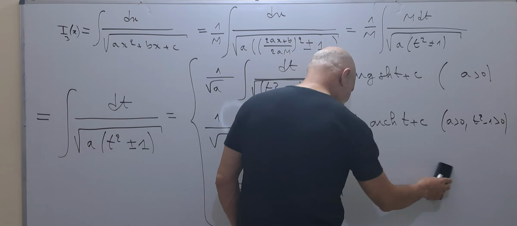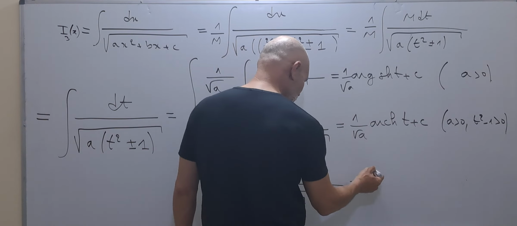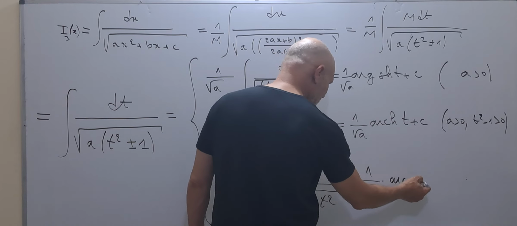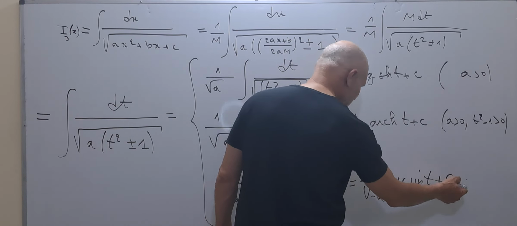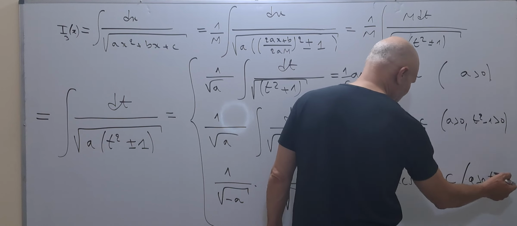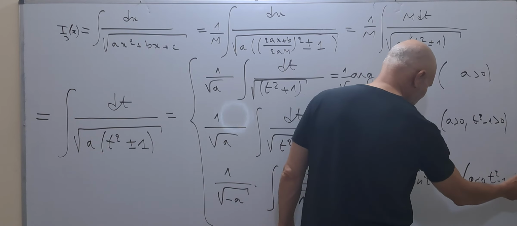And for the last one, this integral is 1 over the square root of minus a arc sine t plus c, and this case is for a negative and t squared minus 1 negative.